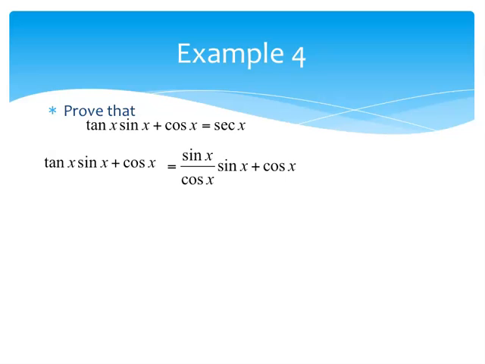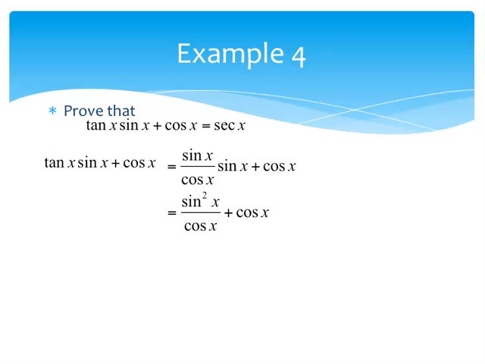Okay, again, it might look more complicated at first. That's okay. So let's go ahead and multiply that. So now we have sine squared over cosine. Okay, now remember at the very end, the right-hand side was just secant of x. It was just one term. So we're definitely going to need to add these two together.